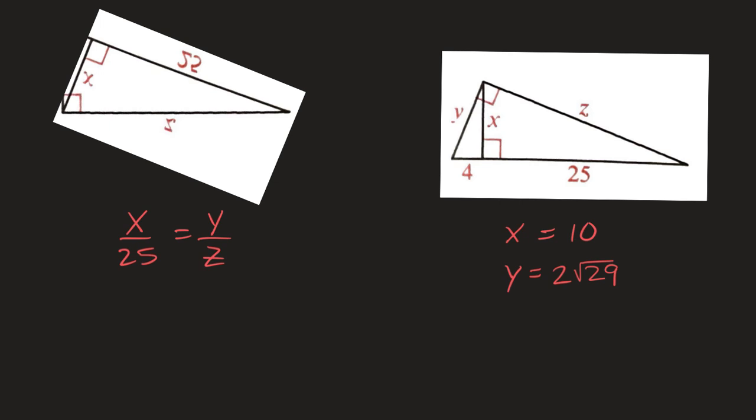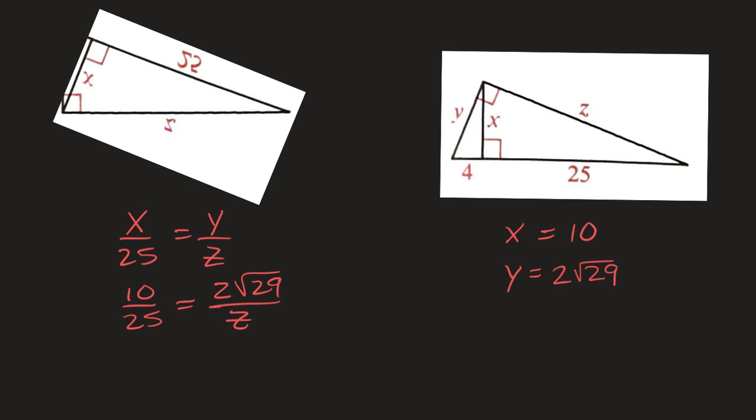What I'm doing is the short leg here to the long leg is equal to the short leg here, y, over the long leg, z. There's a variety of ways you can do this, but I'm just picking one. Now, we already know that x is 10. So I should rewrite this as x is 10 over 25 equals, we know that y is 2 times the square root of 29 over z.